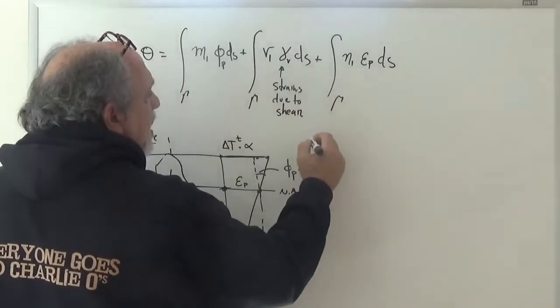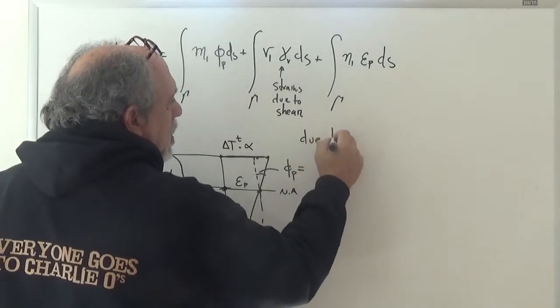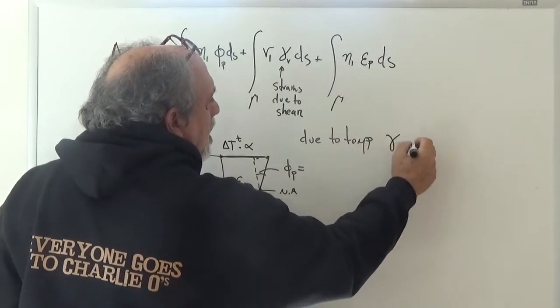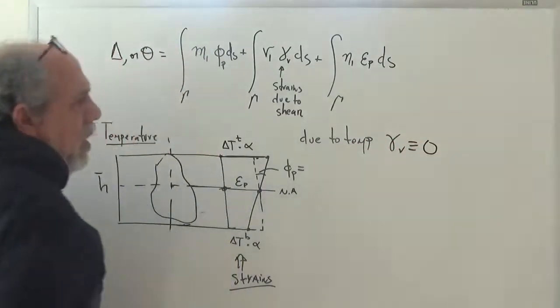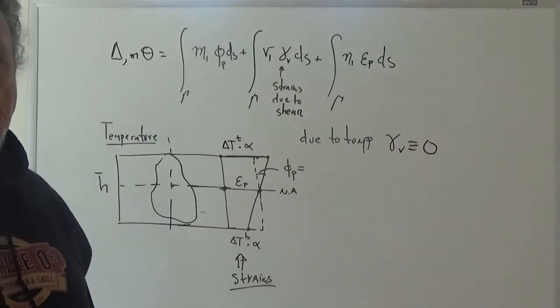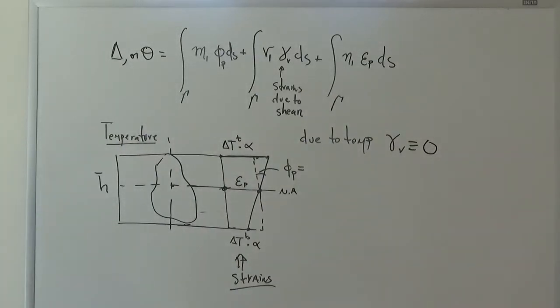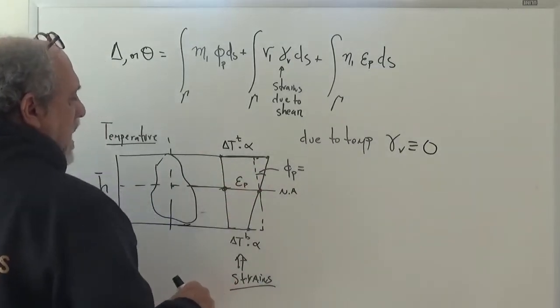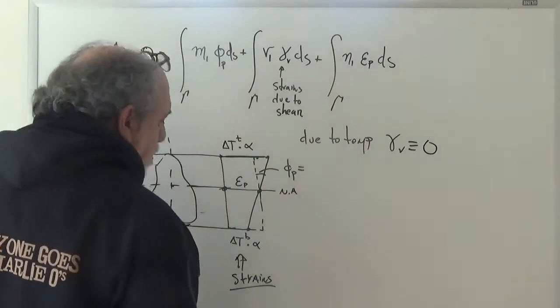And I can say that due to temperature, gamma V is 0. So temperature does not give us shear strains, and the curvatures and normal strains that it gives are just this very simple plot.